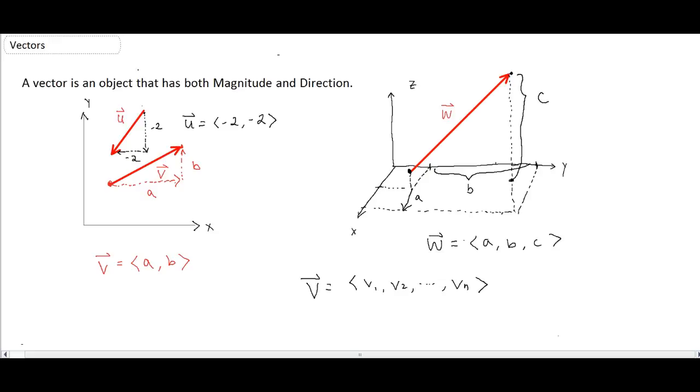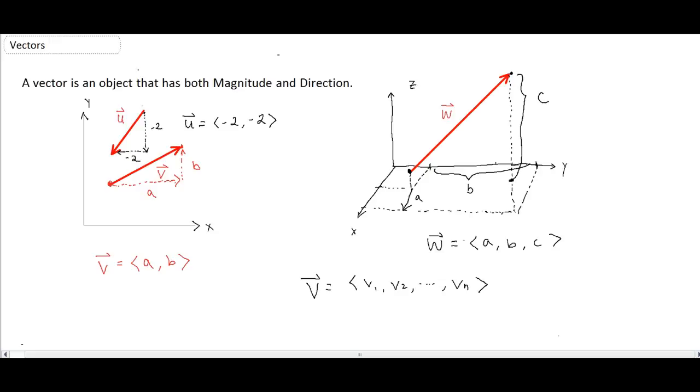Another reason components are useful is when we are trying to look at the magnitude of a vector. Vectors have both magnitude and direction. The components definitely help you understand the direction, but they also help you find the magnitude.